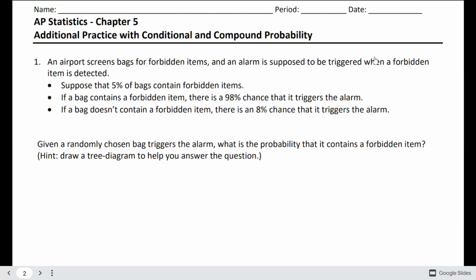What's the chance then that somebody packed something that was not allowed and it didn't set off the alarm? 0.02, 2%. Nothing's perfect. It catches most of them, certainly catches far more than half, right? And some things can sneak through.